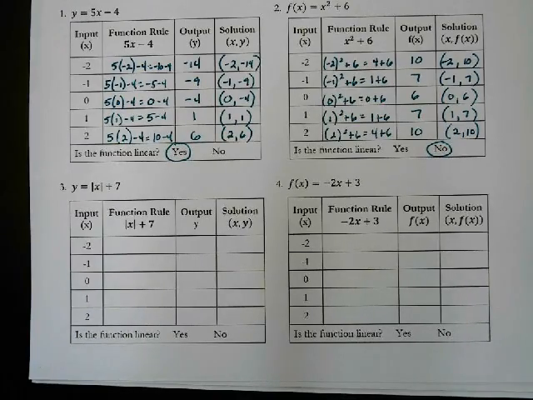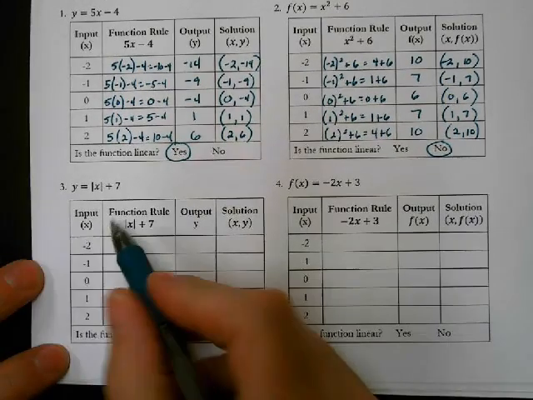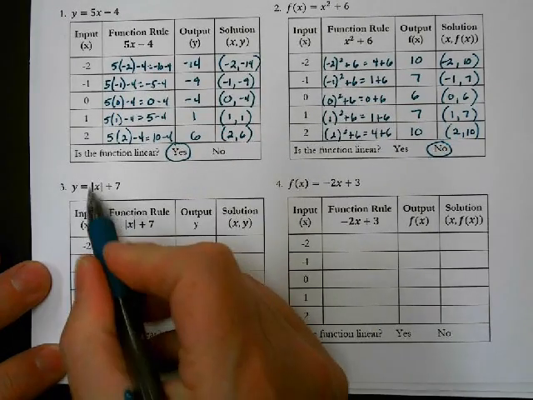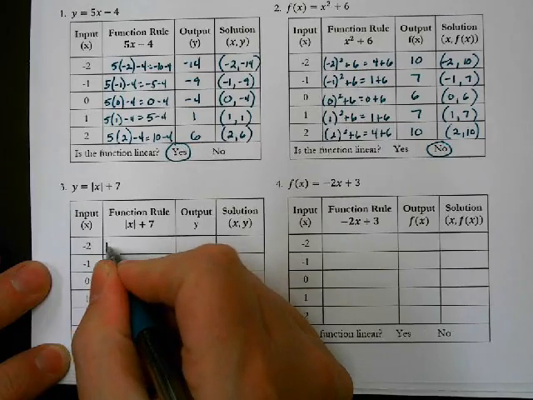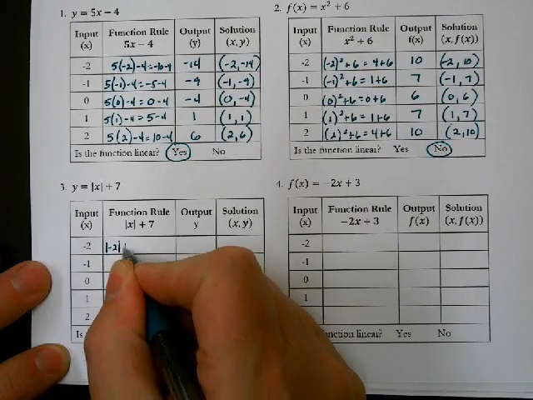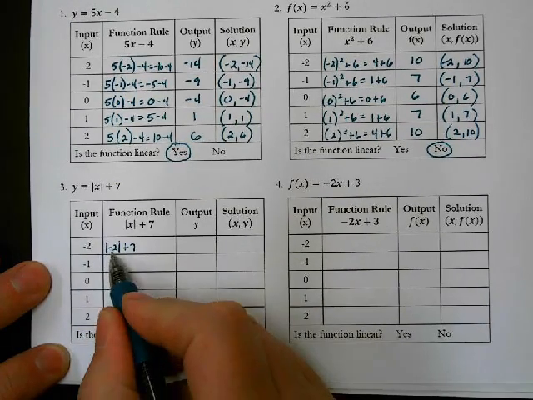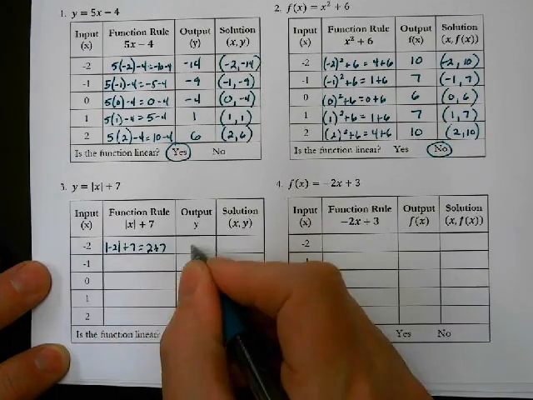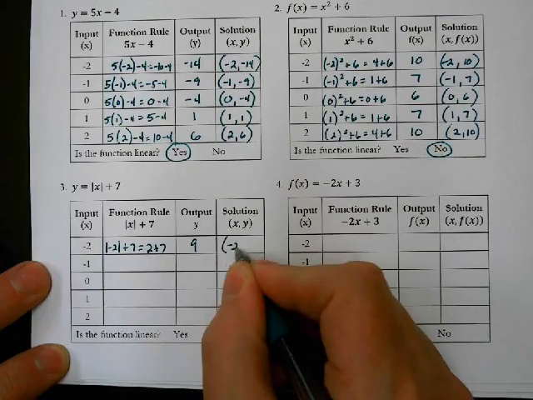I wouldn't say I'm negative 3 miles away, right? So it's always going to be a positive number. Okay, so this is going to give us the absolute value that we have to do first. So I'm going to do absolute value of -2 plus 7. The absolute value of a negative number is positive. So that's 2 plus 7, which is 9. So that's the point -2, 9.